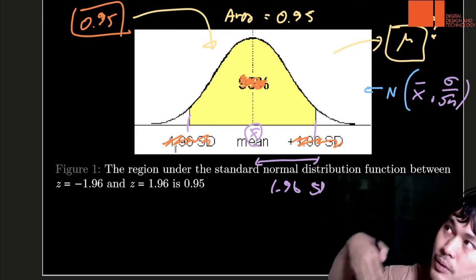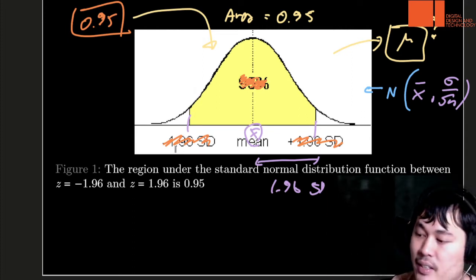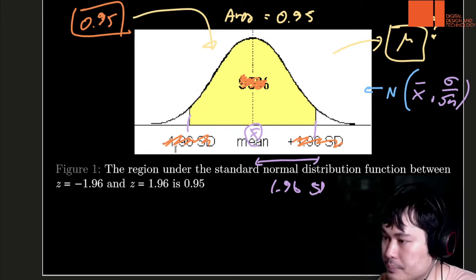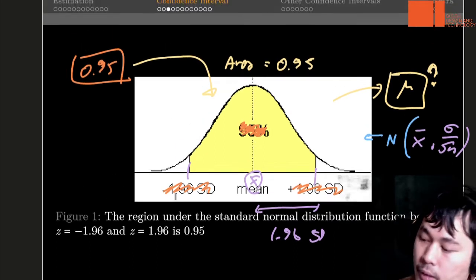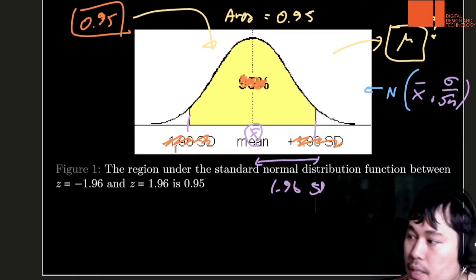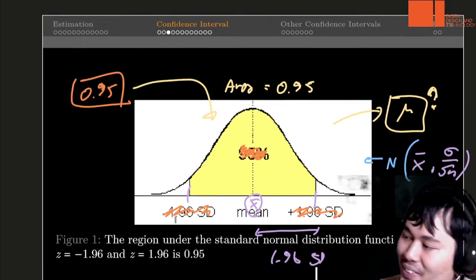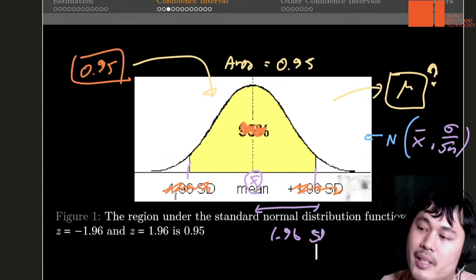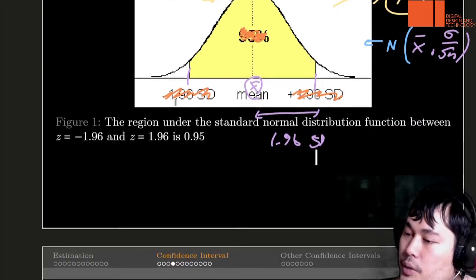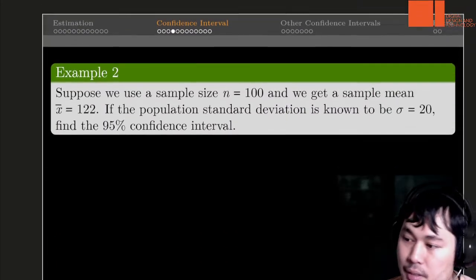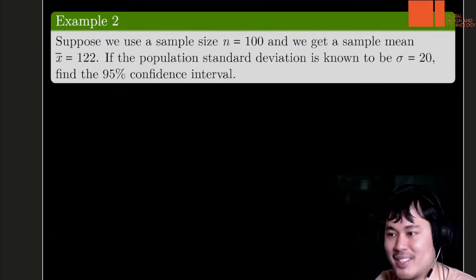So it's about 2 standard deviations away from the center. So that's a quick, and of course incomplete, explanation of how you derive that formula. So let's try to just use it.